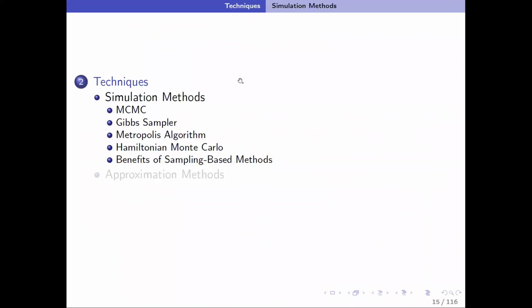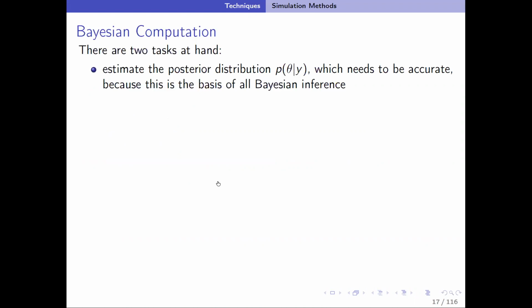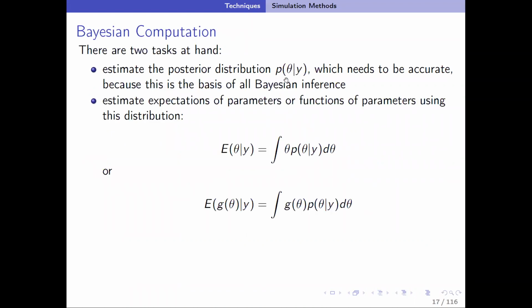Okay. So there are two parts, simulation and approximation. The goal is to estimate this thing, which needs to be accurate because it is the basis of all Bayesian inference. Once you estimate it, the second task is to find point estimates to describe my most likely value, like the MLE, and people typically use the expected value of theta with respect to the posterior distribution.